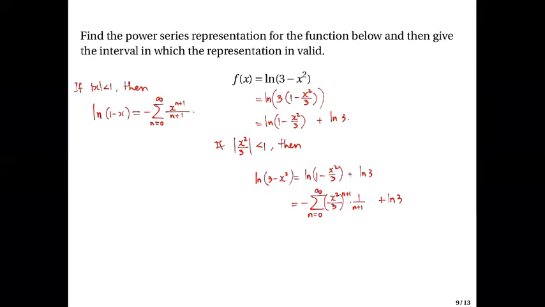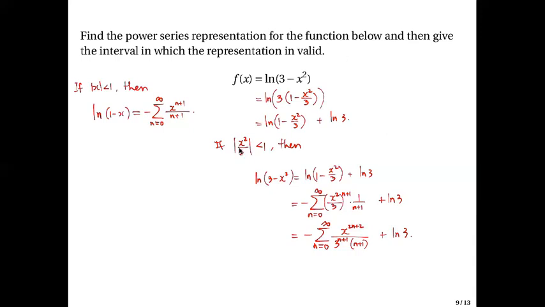Okay? Or this guy here, if we simplify, we have negative sum n from 0 to plus infinity of x raised to 2n plus 2 all over 3 raised to n plus 1 times n plus 1 plus ln of 3. Okay?